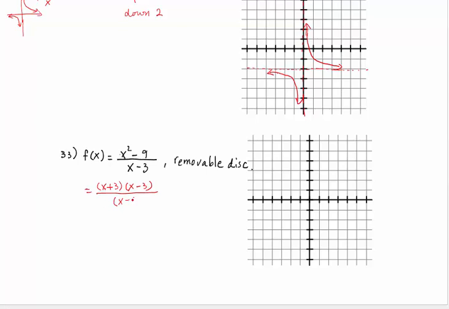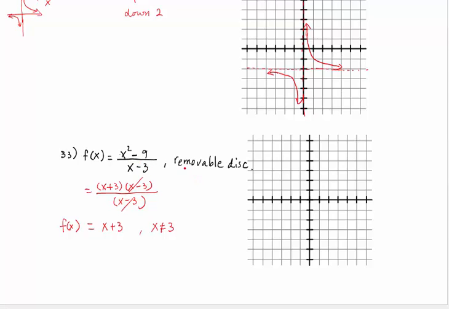And the denominator is x minus 3, so numerator and denominator cancel. I get f of x is equal to x plus 3, except when x is 3. X cannot be 3, because when x is 3, the denominator will equal 0.